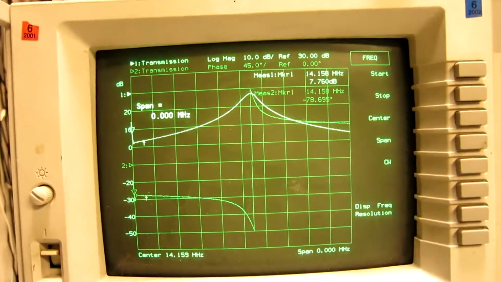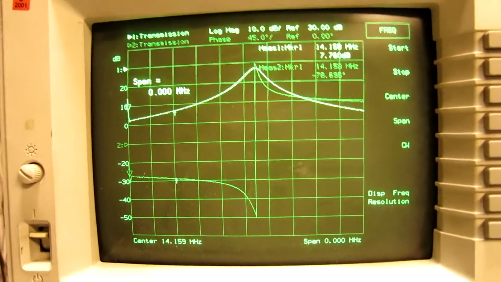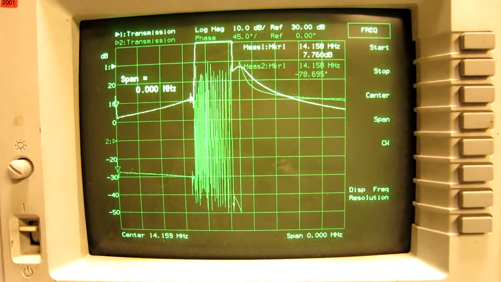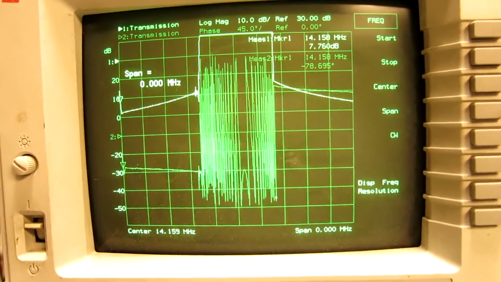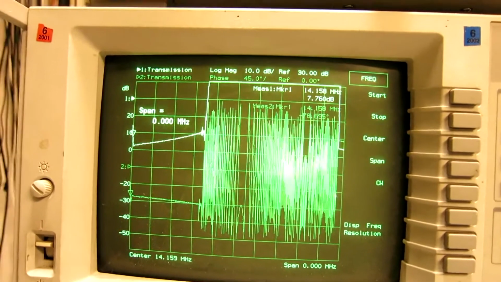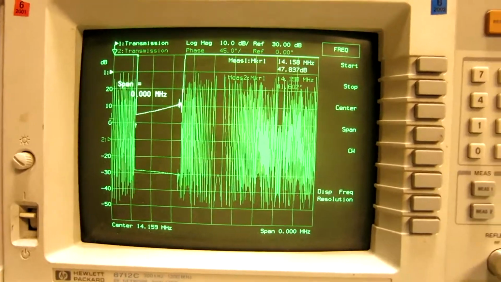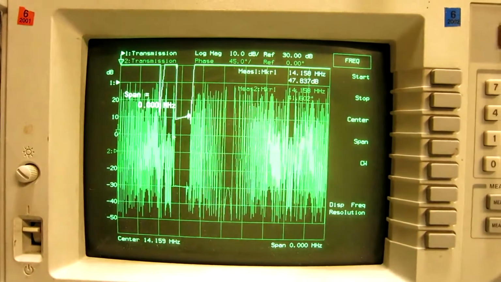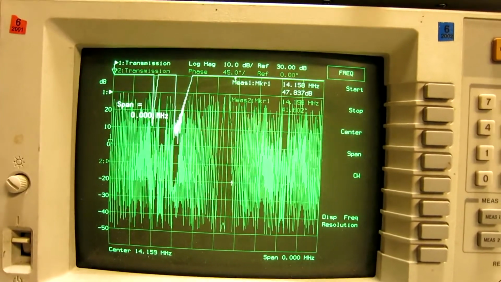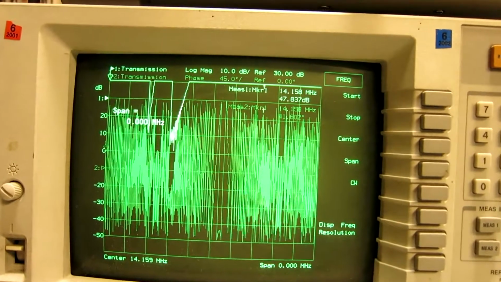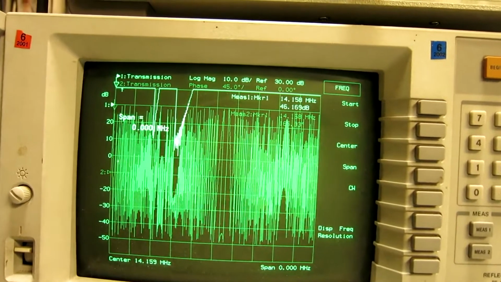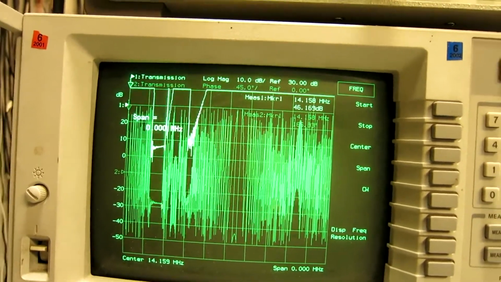And now I can reduce attenuation 1 more dB, and now it's an oscillator. So I add fractions of a dB, 0.2, 0.4, it's still oscillating, 0.6.